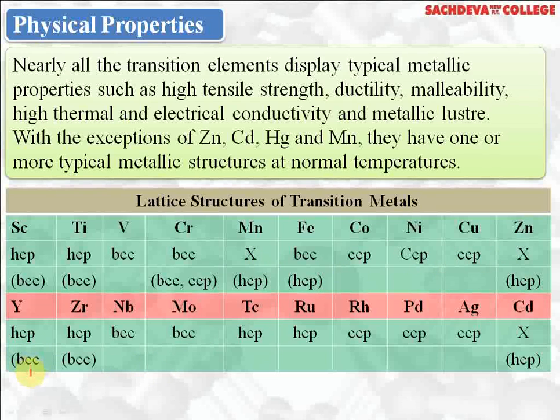Yttrium has HCP and BCC, zirconium HCP and BCC, niobium BCC, molybdenum BCC, technetium HCP, ruthenium HCP, rhodium, palladium and silver have CCP and cadmium has typical metallic structure. It can also have HCP structure.